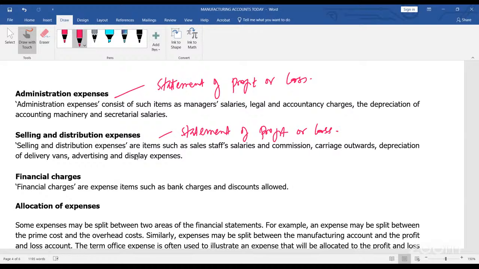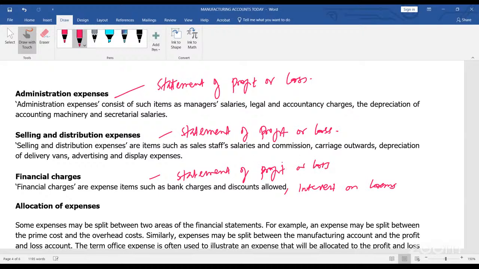Financial charges, those are the expense items such as bank charges, loans, all these are financial charges. So they also appear in the statement of profit or loss.